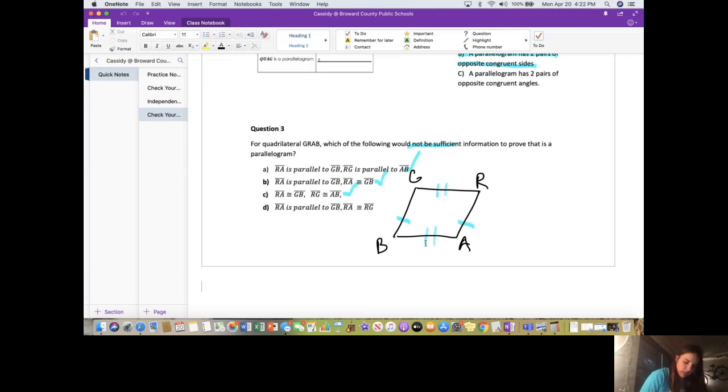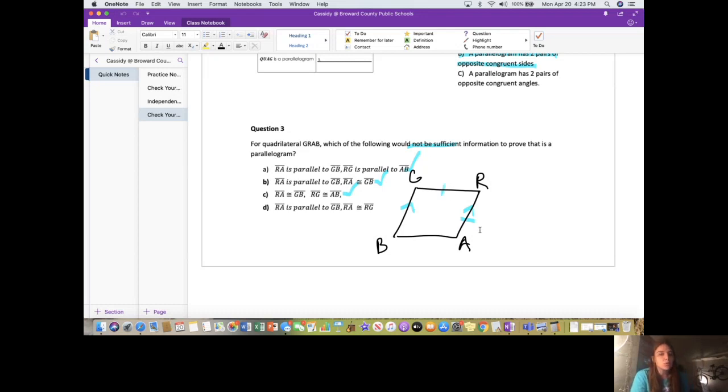All right, and then the last one that they gave us, they say that RA is parallel to GB. Okay, so they're saying these are parallel. So far, so good. And then RA is congruent to RG.